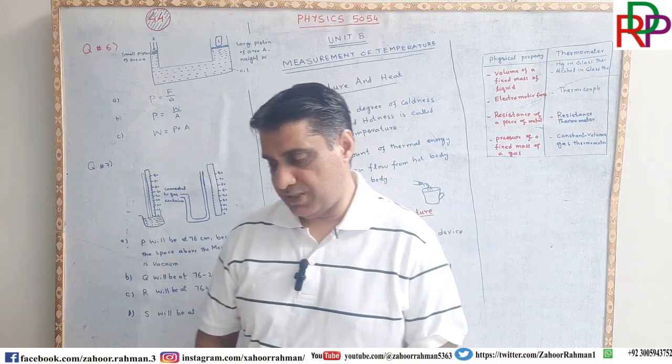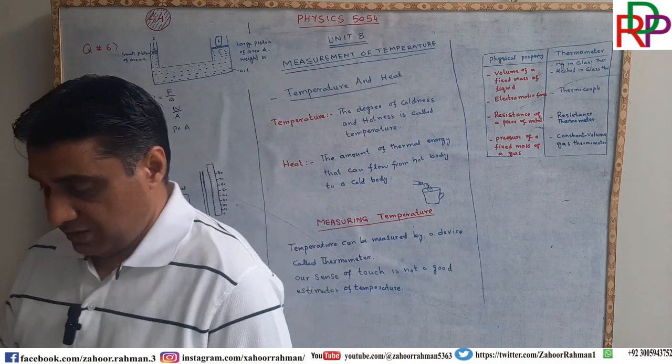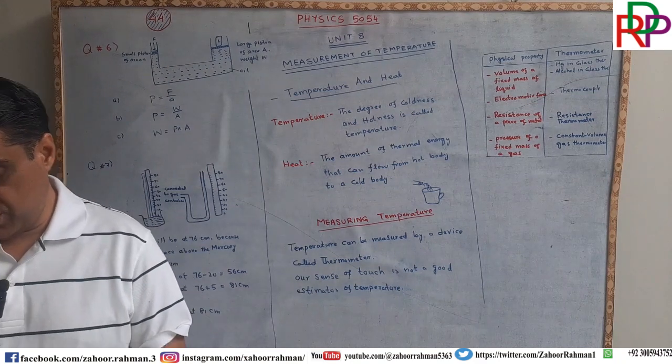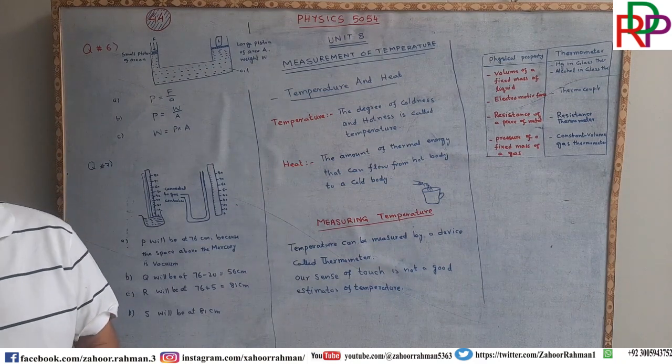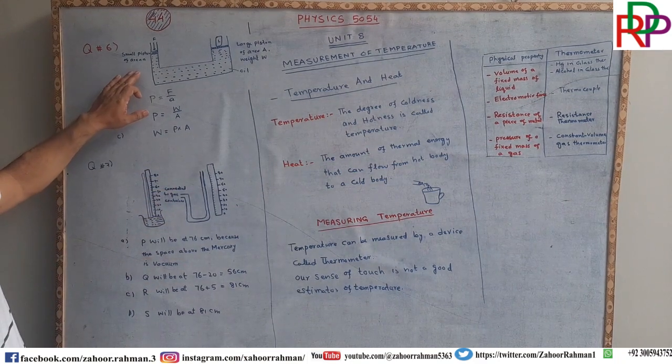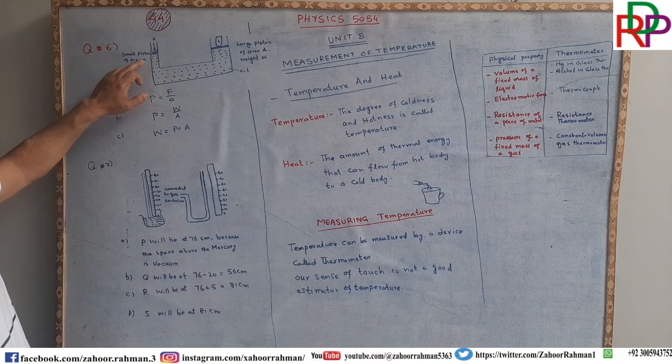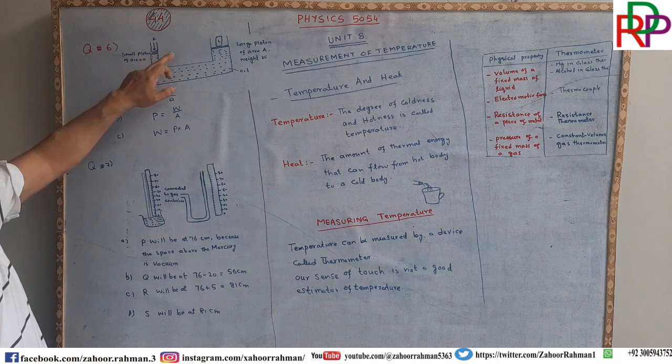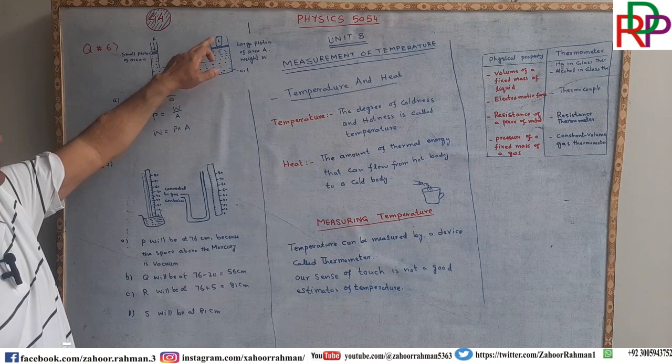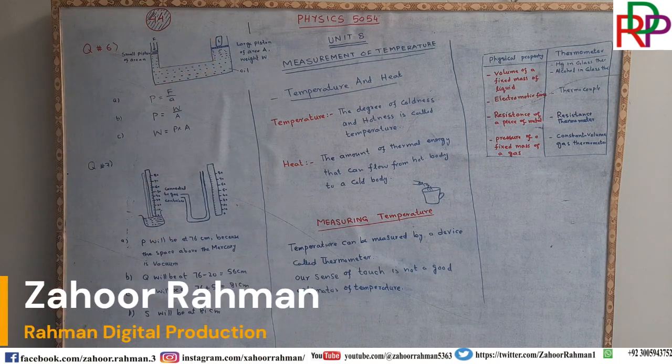Let us first finish the final exercise. There are 2 questions in it. Question number 6 has given this figure in which there is a small piston and there is a large piston on which there is a load.